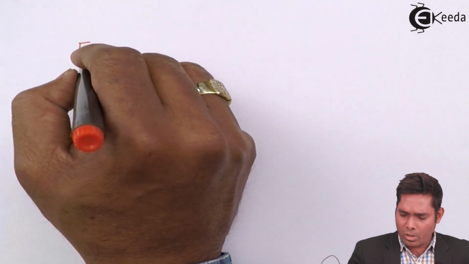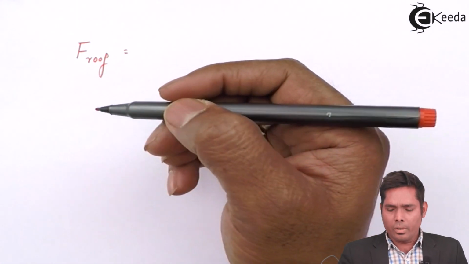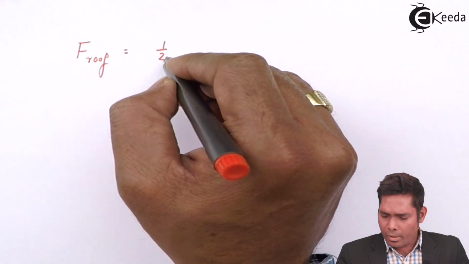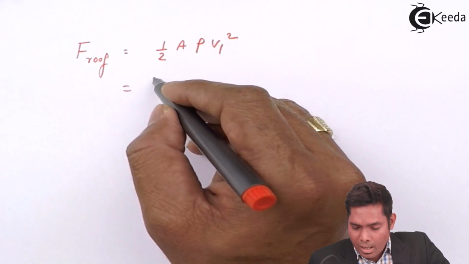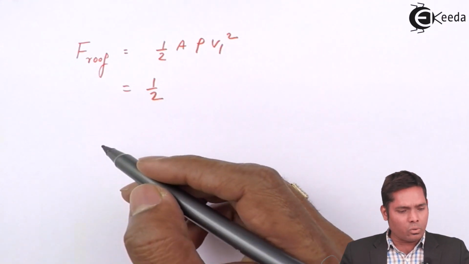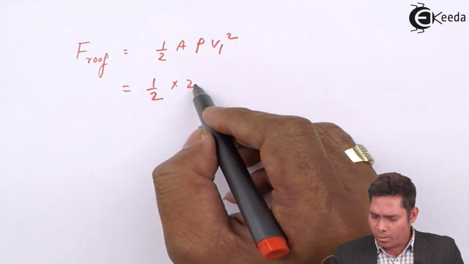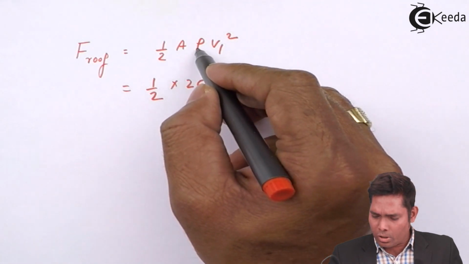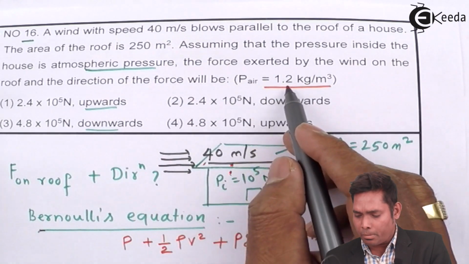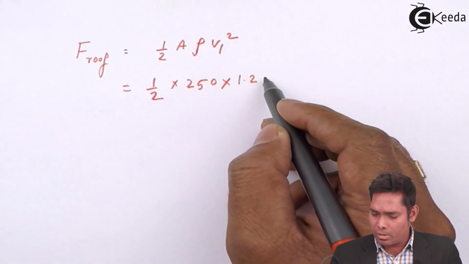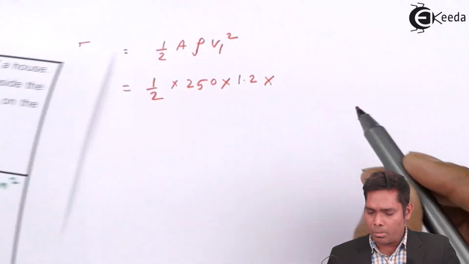Force acting on the roof of the house is half A rho V1 square. A I have got in the question, which is 250 meter square. Rho is the density of the air, which is given as 1.2 in SI units, into V1 square, the speed of the air, which is 40 meter per second.